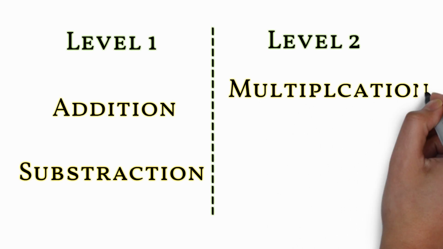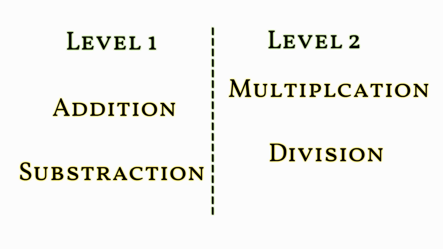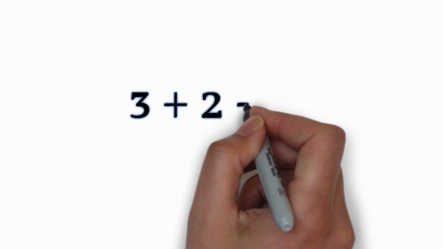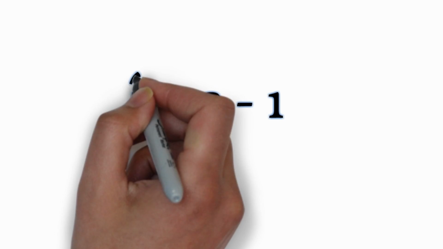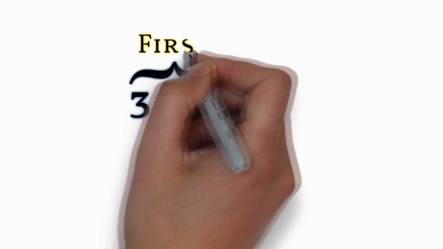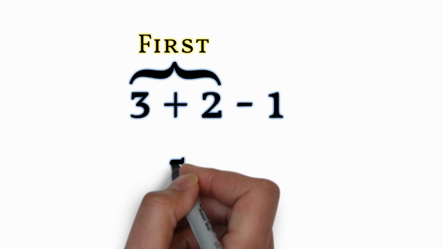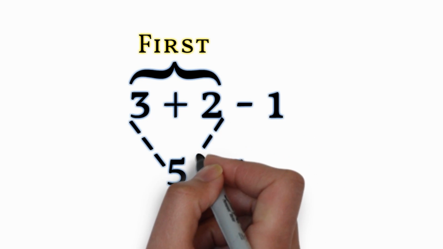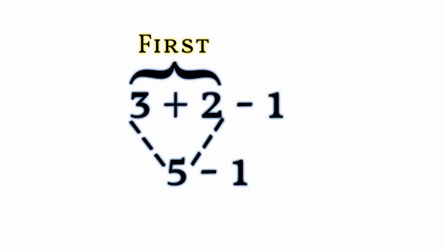Addition and subtraction belong on level 1, and every other operation belongs on level 2. Now, operations on level 1 will be treated on a first-come basis, or more precisely, from left to right. You start with operations from the left, and as you get the results, you keep doing the operations that follow.